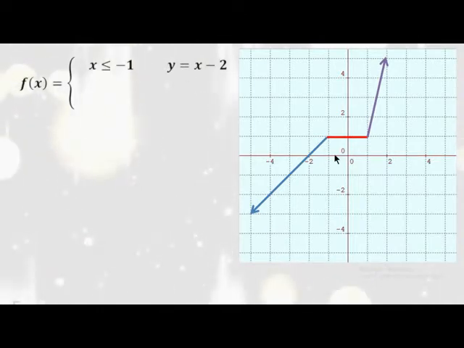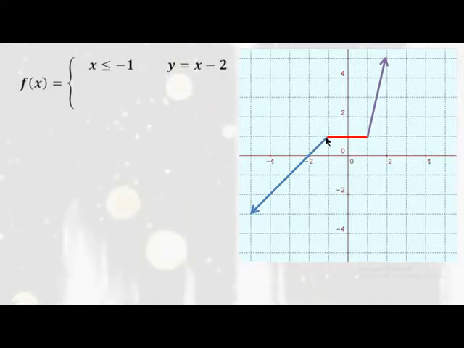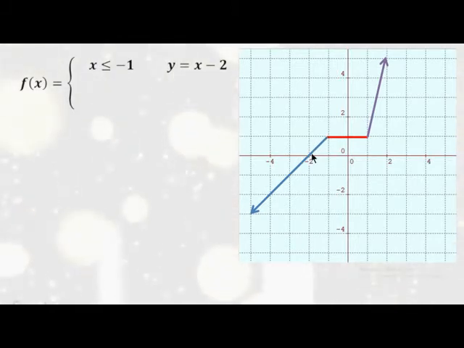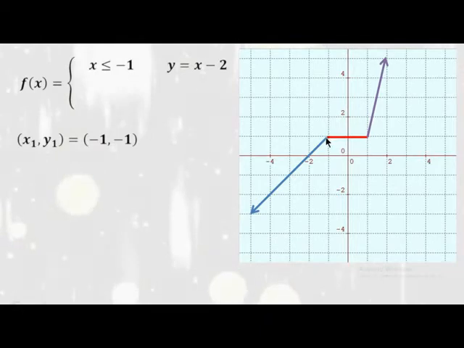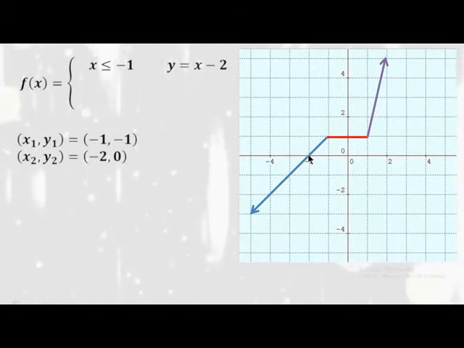So the equation of this line is y equals x - 2. Where does this equation come from? As you can see, in order to find the equation of this straight line, you have to pick two points that lie on this line. For example, the first point I choose is -1 here, and the second I choose -2, 0 in this one.